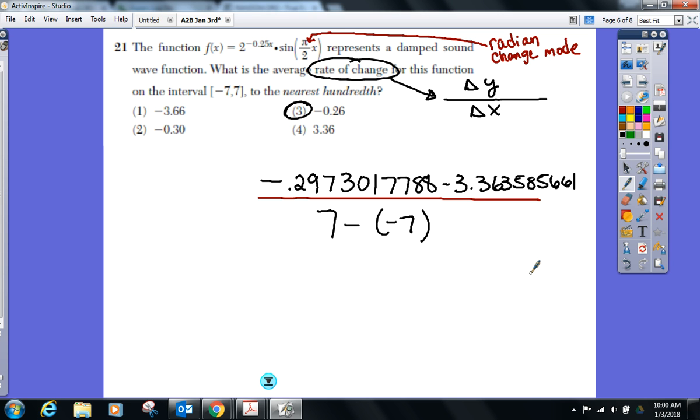I accidentally hit click, so I had to put in these numbers. Okay, so you can use your fraction template. Go ahead, and then negative 0.29, and then all over 14. We should be good.